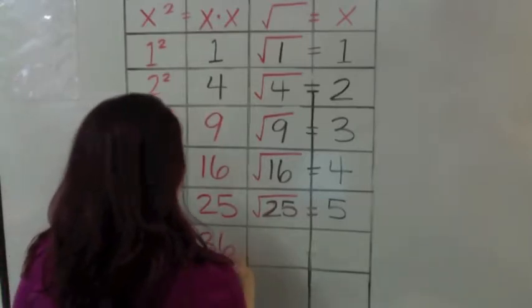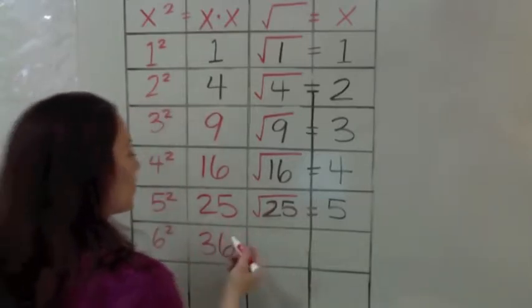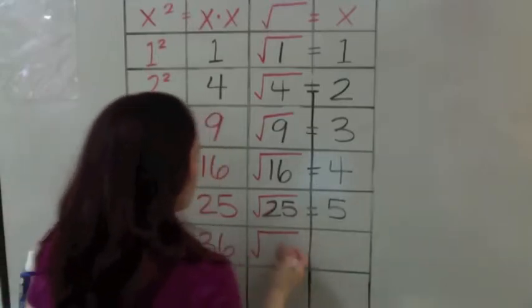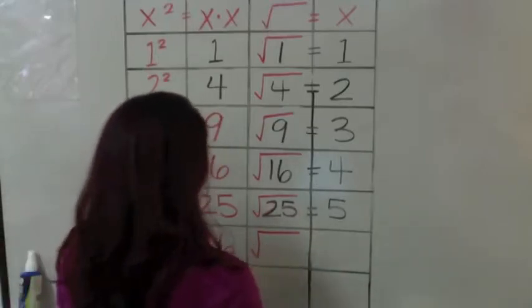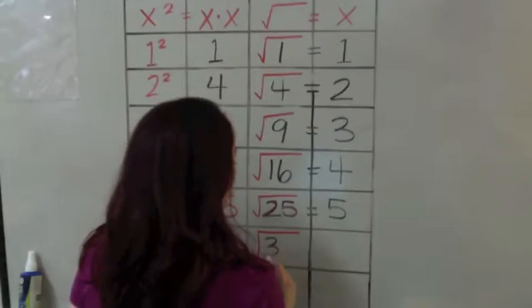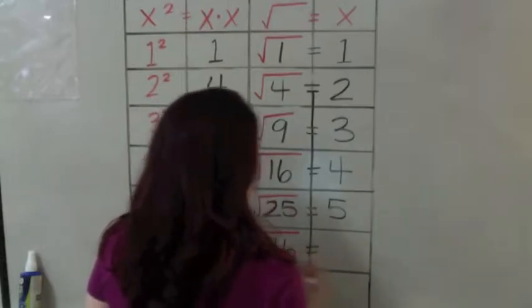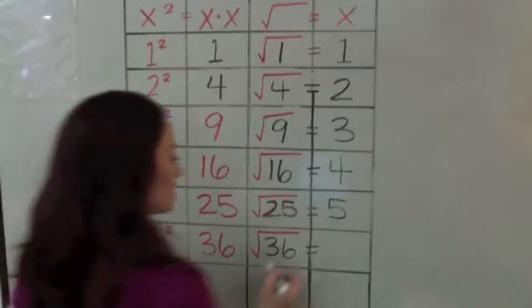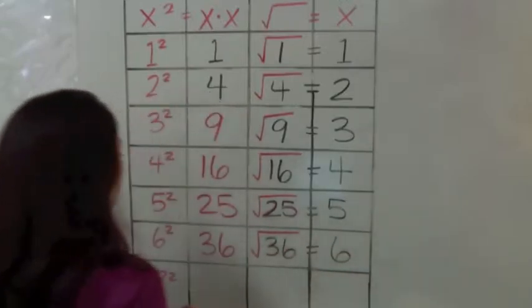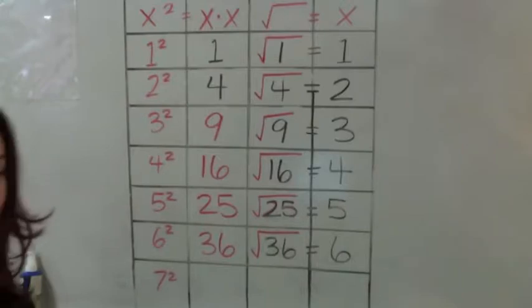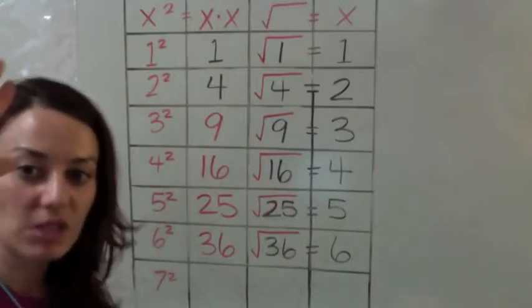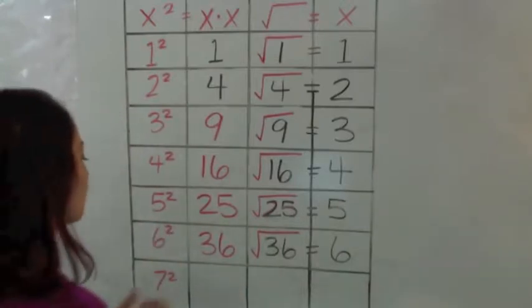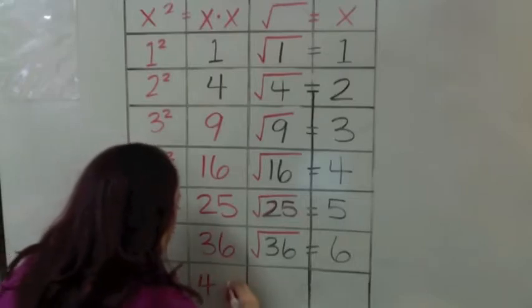Very good. All right. If I want to undo the square, do the opposite of square, it's square root. The square root of 36 is asking, what number times itself gives you 36? 6, isn't it? Good. Last one, 7 squared, which is 7 times 7. Who knows 7 times 7? 7 times 7 is 49.